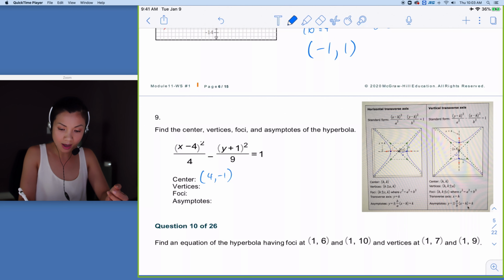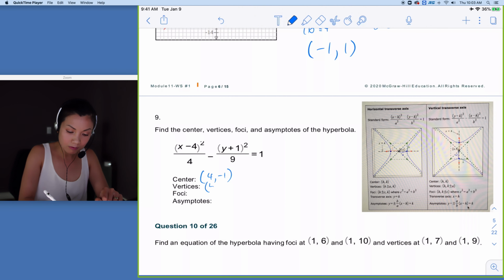So the vertices are going to be h plus and minus a. So what I have is 4 plus and minus a, in this case a is 2. b is 3.